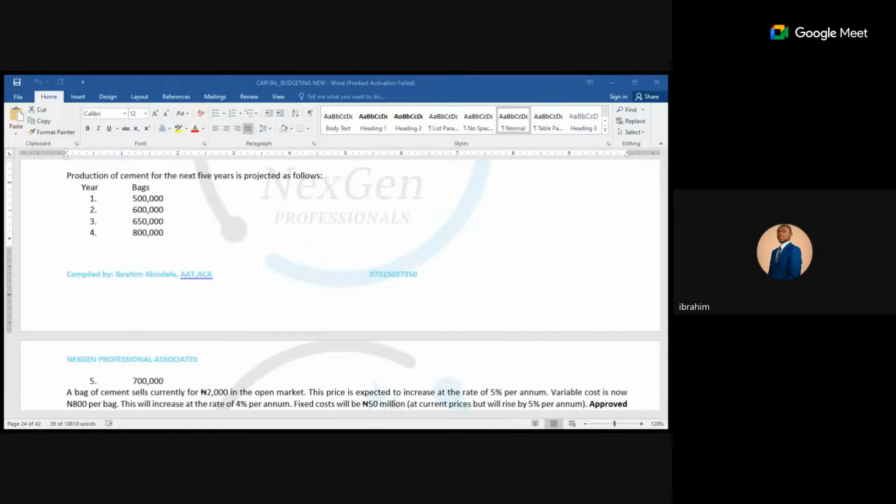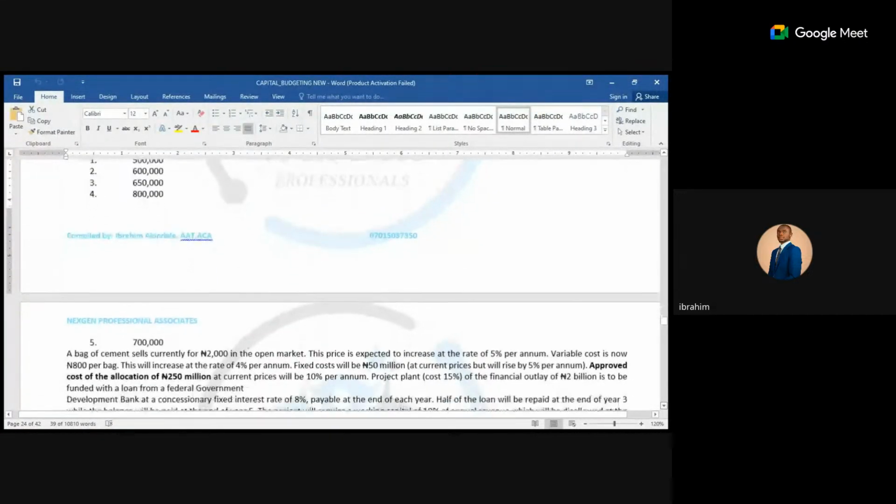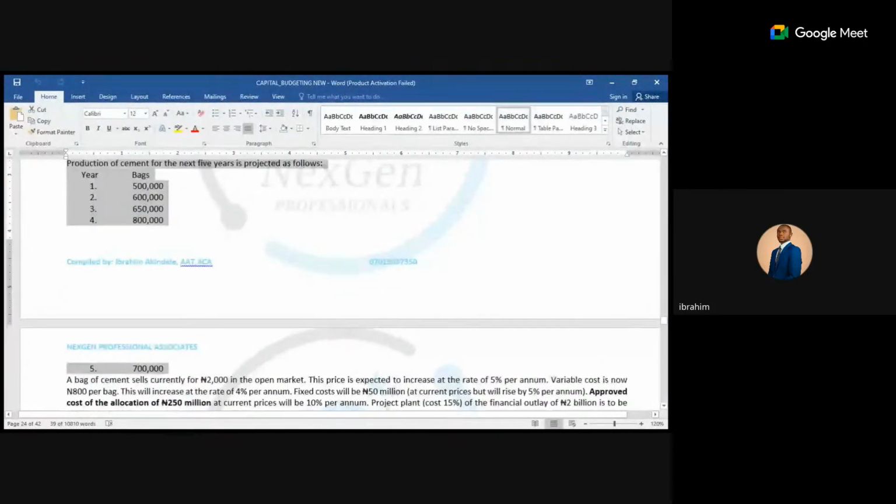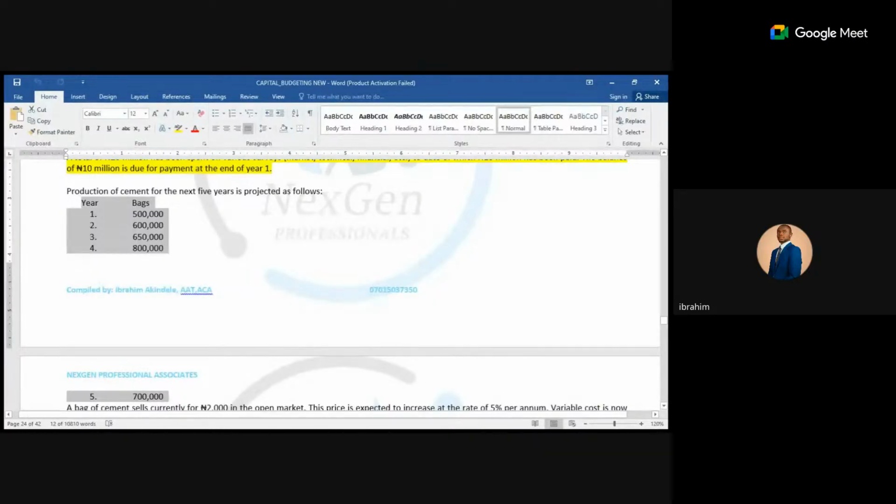Maybe based on the reforms, probably they've seen the effects in the economy. So they can now project that the inflation rate may reduce to 19% at the end of December, based on some macroeconomic analysis, right? Now, this is the projection they may have from year 1 to year 5.